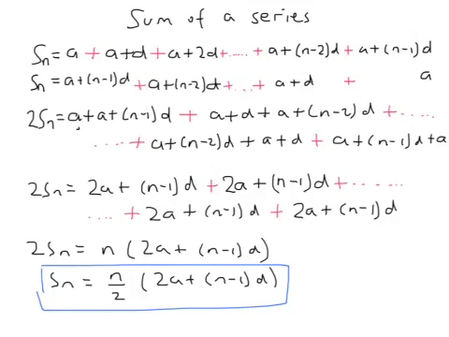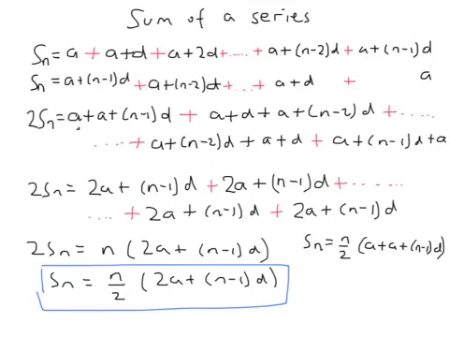Now, another way of writing this formula is Sn is n over 2, times 2A plus (n minus 1)D. But look carefully, the last term of the sequence is A plus (n minus 1)D. That's just that bit there.